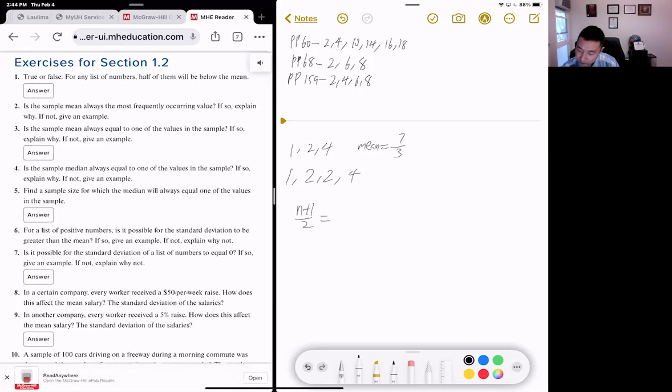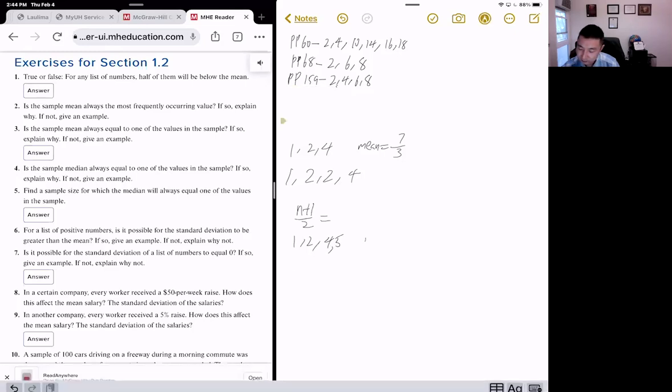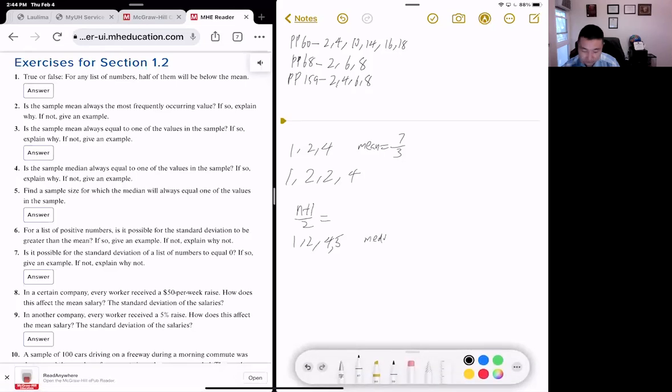So for example, we have 1, 2, 4, and 5. To find the median, we calculate n plus 1 divided by 2, where n is the number of sample items. So the sample size is 4, and 4 plus 1 divided by 2 is 2.5.